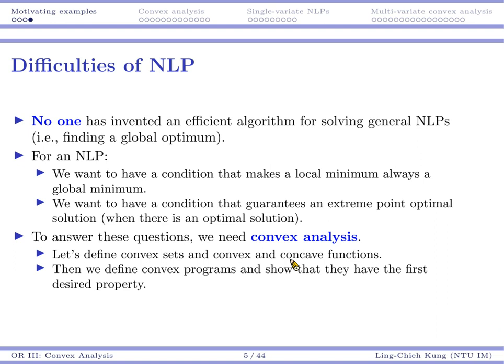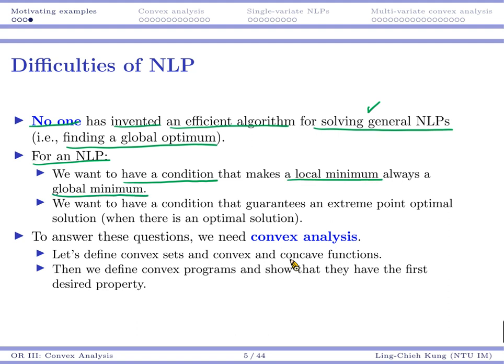So overall, no one has invented an efficient algorithm that may solve a general nonlinear program to find a global optimum. That's just too difficult for general nonlinear programs, all right? So what we want to do is that for a nonlinear program, we want to find some conditions such that a local minimum is always a global minimum.